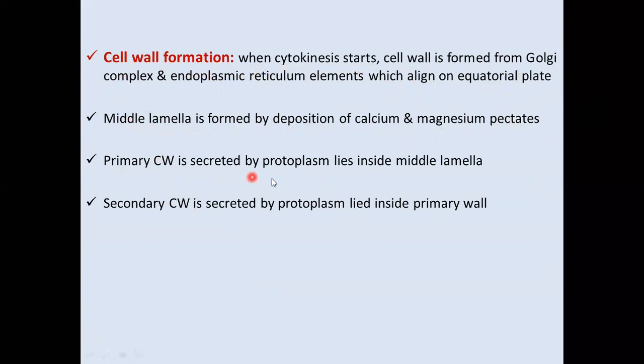Next, the primary wall is secreted by the protoplasm inside the middle lamella. From that, the secondary wall is secreted by the protoplasm inside the primary wall. So cell wall formation occurs when cytokinesis starts, and it forms from Golgi complex and endoplasmic reticulum elements.